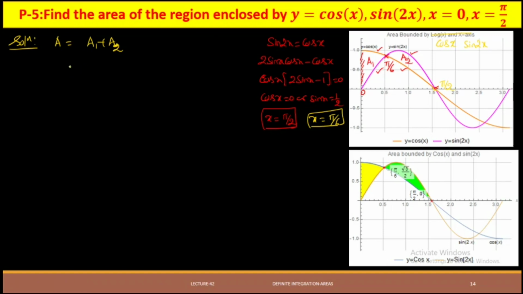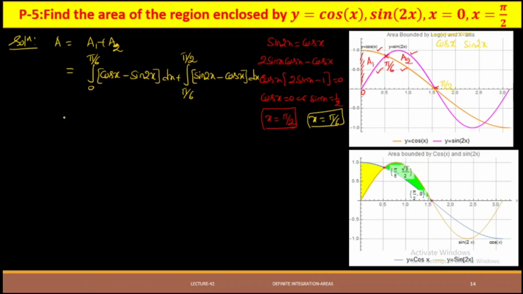So it is the integral from 0 to pi by 6, where the upper curve is cos x minus the lower curve sin 2x, dx, plus the second integral from pi by 6 to pi by 2, where the upper curve is sin 2x minus the lower curve cos x, dx.